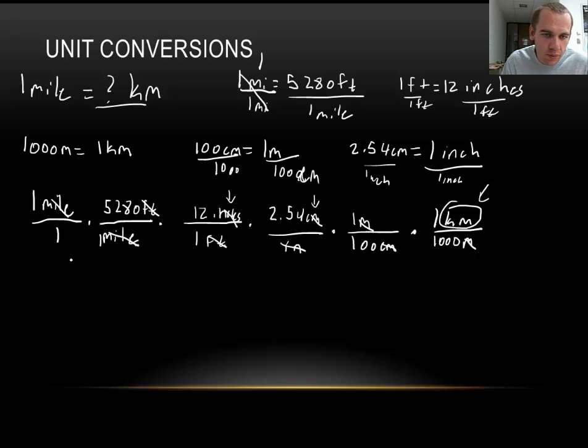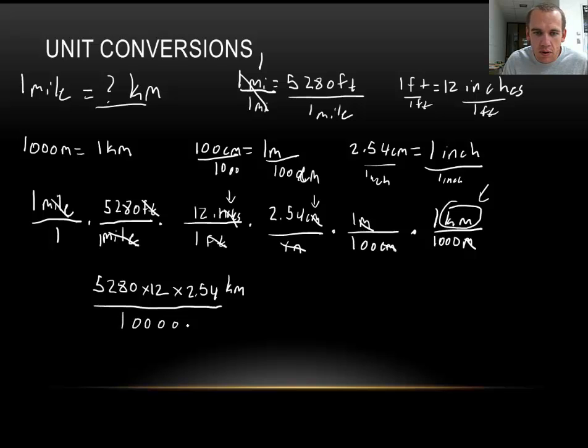So 1 over 1 is 1. I don't really care. And remember, when you're multiplying fractions, you multiply numerators and then you multiply denominators. So 1 times 5,280 is 5,280 times 12 times 2.54 times 1 times 1, so I don't have to worry about that. And this is kilometers divided by 1 times 1 times 1 times 100 times 1,000, which is just 100,000.